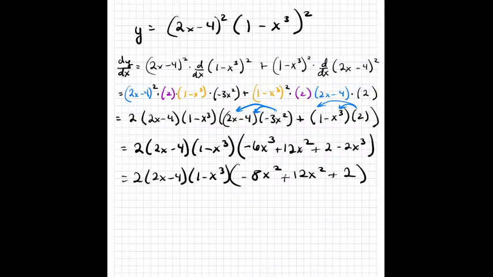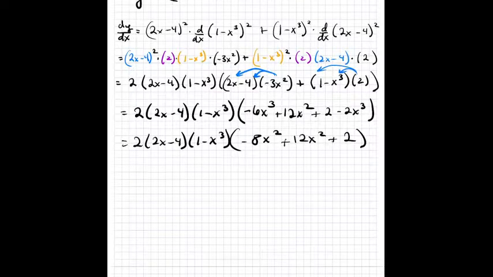If I factor out negative 2, that's going to transform this into negative 4. The 2x minus 4 is there. The 1 minus x cubed is there. And then this becomes, what was that, 2x squared? Wait a minute, that's cubed. That's cubed and that's cubed. 2x cubed minus 6x squared minus 1.